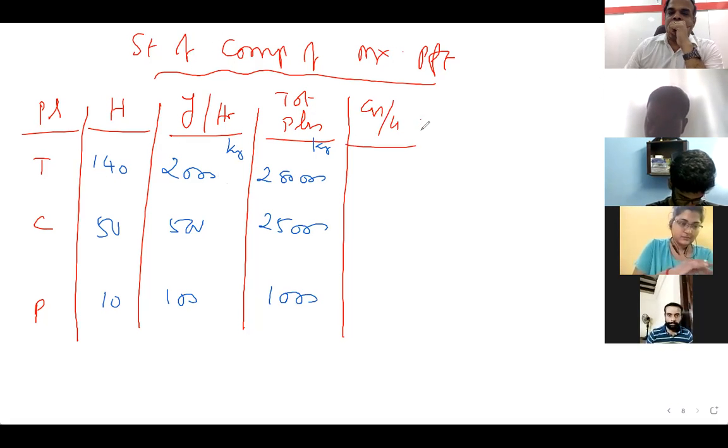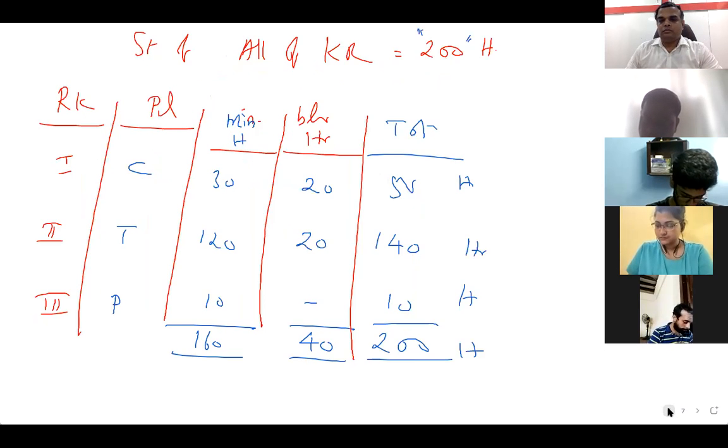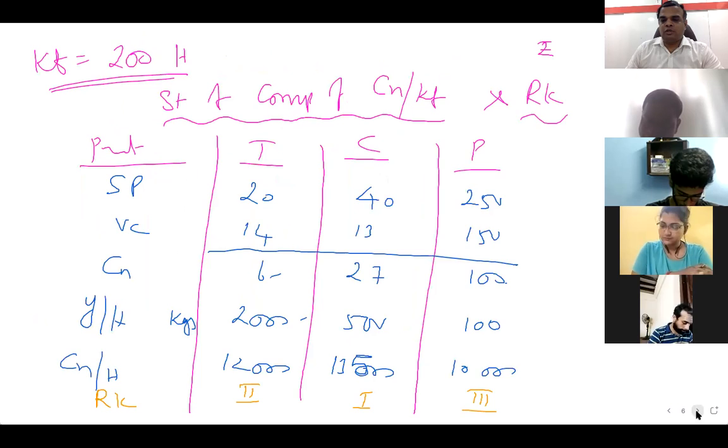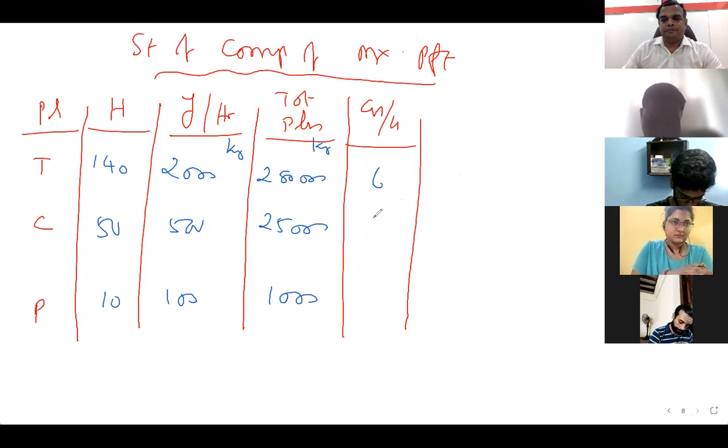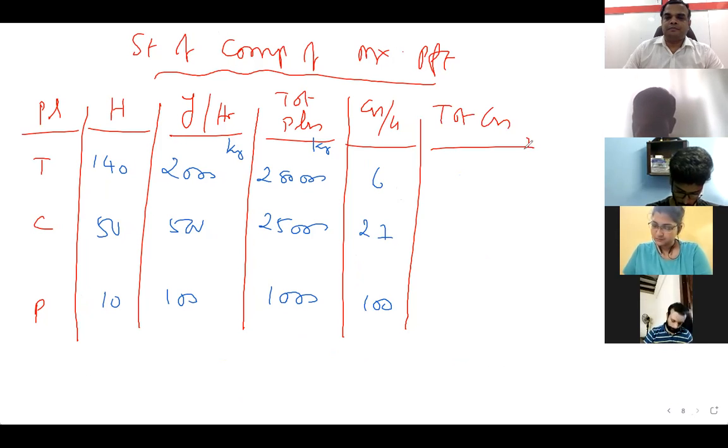The contribution per kg of the product for tea. How much is the contribution per kg? Am I right? Therefore, total contribution, multiplication, 16 lakh 80,000.